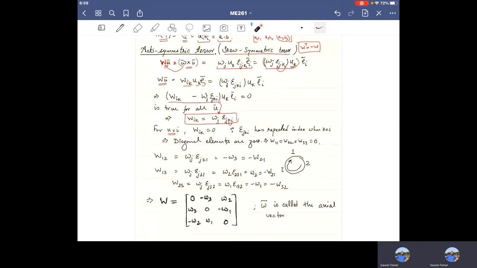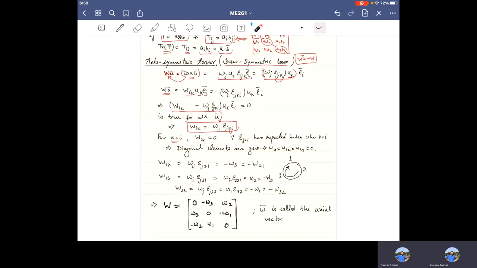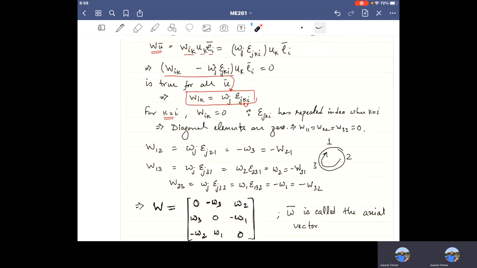Now, if we say W12 is wj epsilon j21, if we just put values here, then if you have j as any quantity other than 3, you will get a 0 because you'll have a repeated index in this quantity.